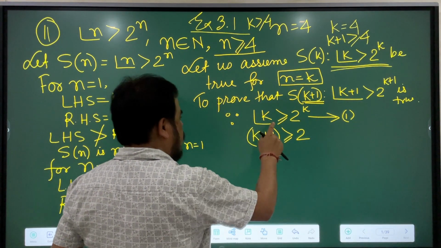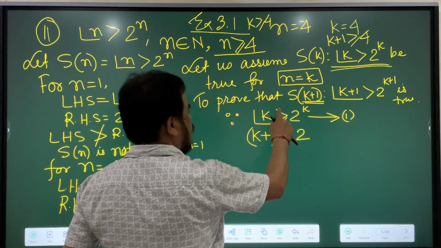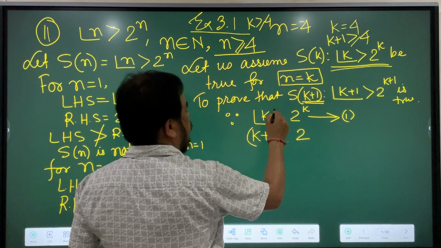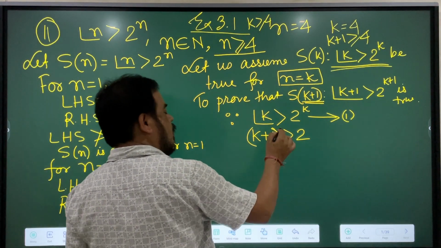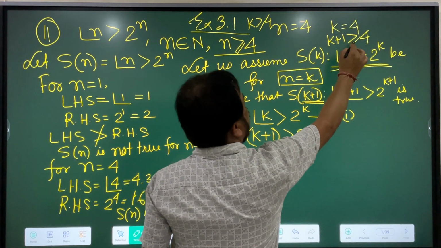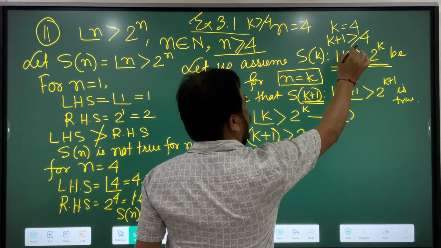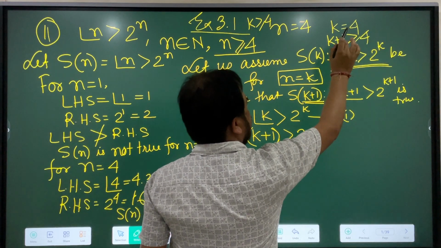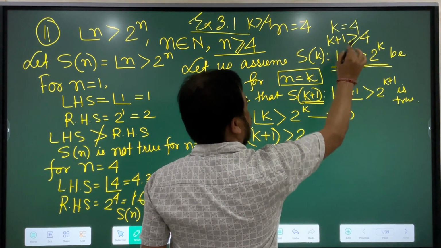If it is only greater than or greater than or equal, the process is the same. What we have understood is that k plus 1 is equal to 4 or greater than 4.